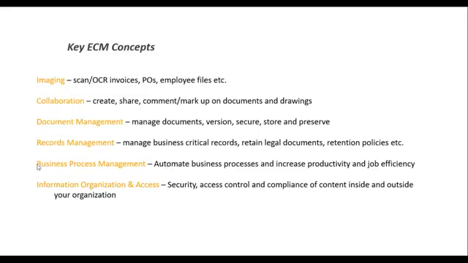So there are two products of IBM in the market as of now for BPM. One is called IBM BPM, which is an upgraded version of IBM Lombardi. So there was a product IBM Lombardi which was in the market for quite long, and then they changed it to IBM BPM.